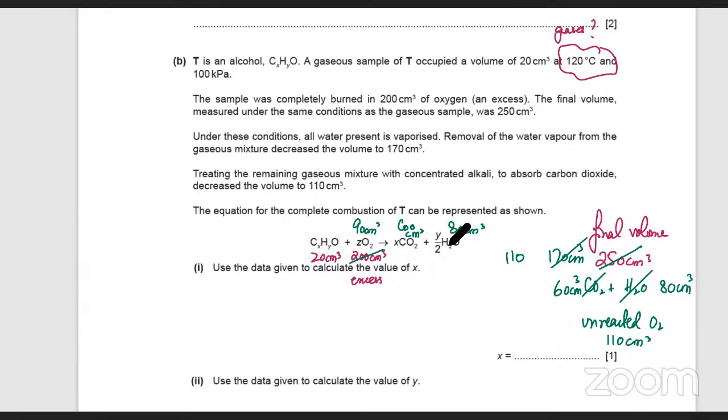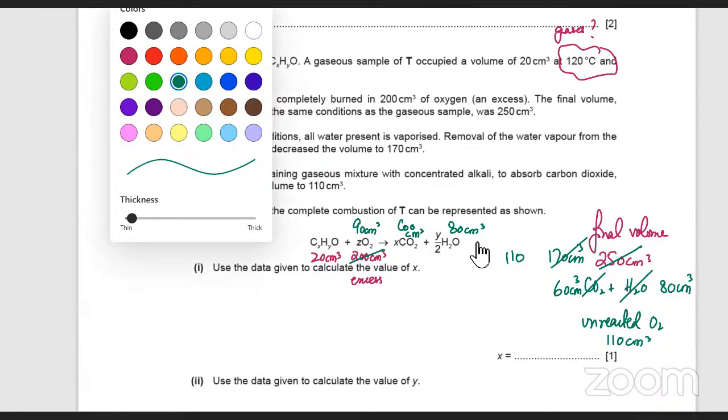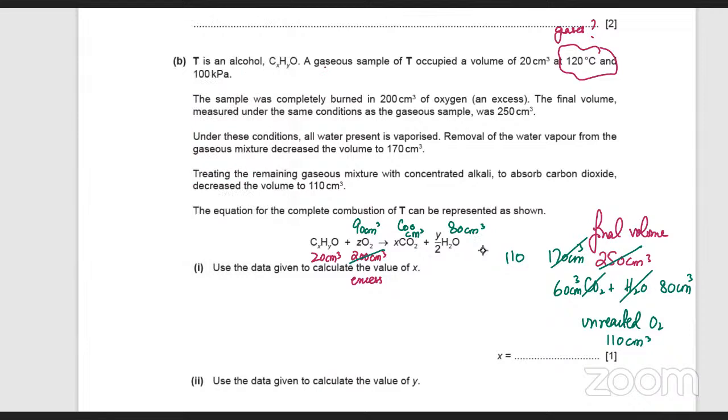So for gases, mole ratio, volume ratio is exactly the same. So what is the volume ratio? तो mole ratio क्या होगा? 20, 90, 60 and 80. So that's 1, 4.5, 3 and 4. ये ratio बन रहा है ना?